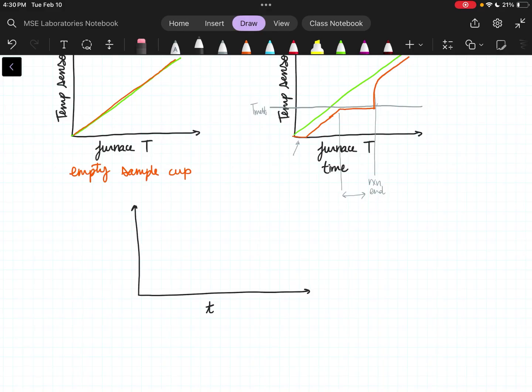My x-axis is going to be either time or furnace temperature, and my y-axis is going to be heat flow.